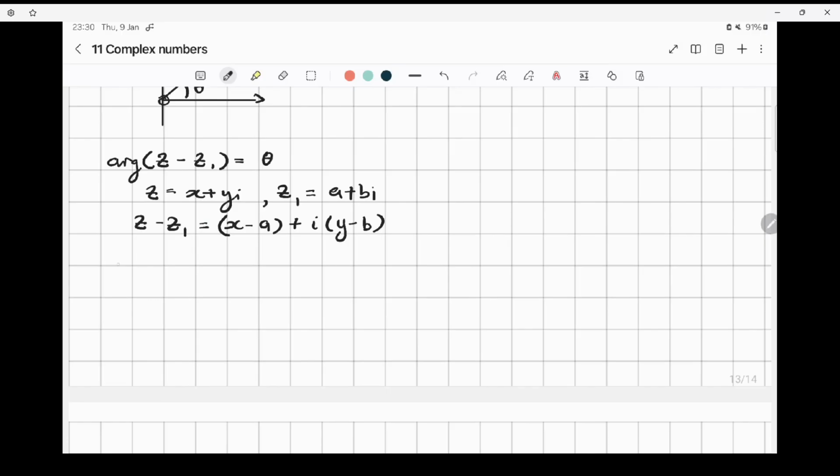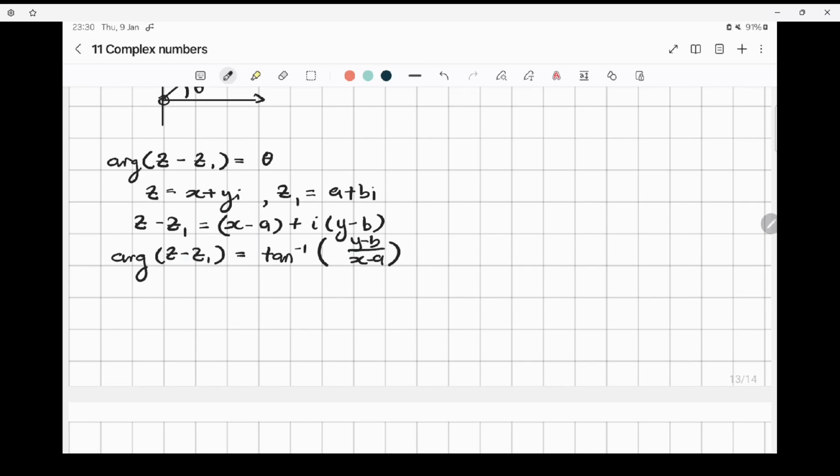So then, by definition of the argument, we know that this is equal to the inverse tangent of y minus b divided by x minus a. Okay?